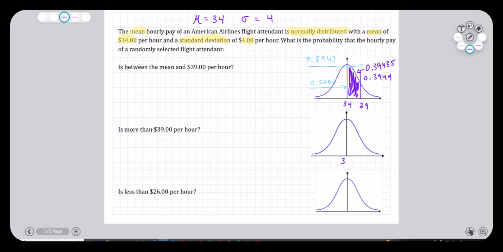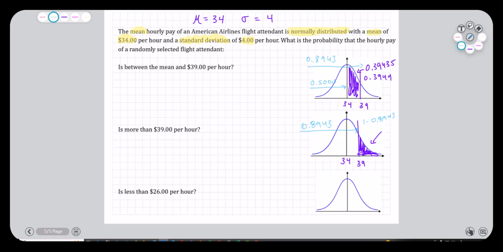All right. Now this one says more than 39. So again, the mean is still 34, and more than 39 would be this area right here. So we're looking for this probability. Well, if I know all of this, which we just found is 0.8943, then this area has to be 1 minus that value. Why? Because remember, all probabilities have to add up to 1.